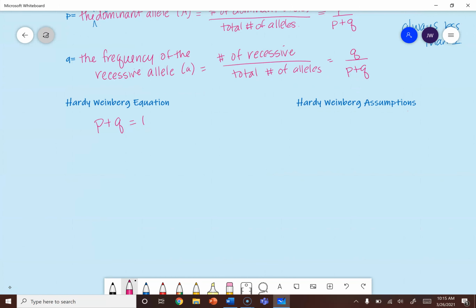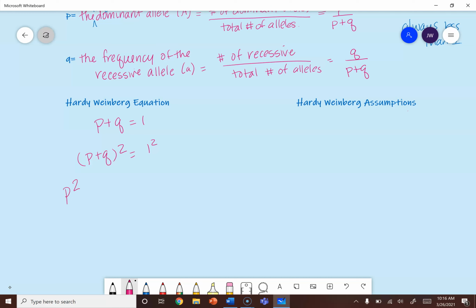Now this leads us to something called the Hardy-Weinberg Equation. We can do something called a binomial expansion, and you may have done this in algebra. You don't have to know how to do it, but essentially what we're doing is we're squaring both sides of this equation. And when we square both sides of the equation, we're basically saying the frequency or the chance of getting one allele times the chance of getting the other allele.